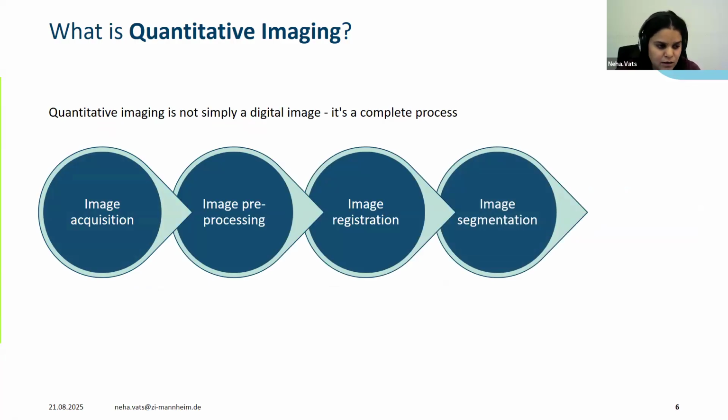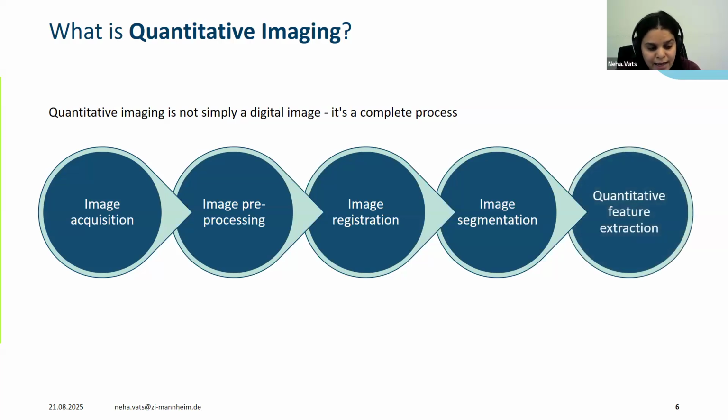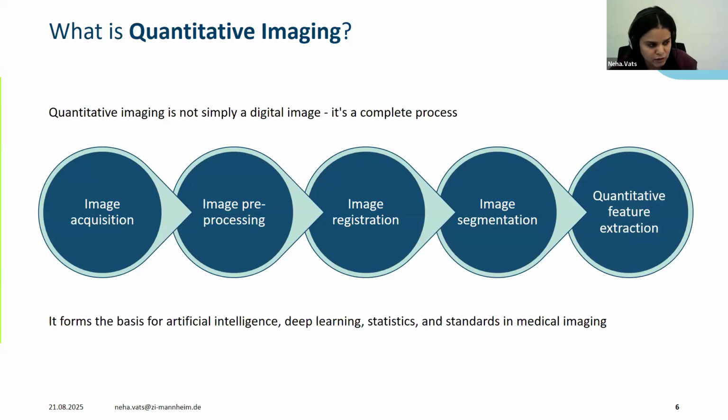That could be any tumor or any cancer or any tissue in that organ of the body. And then you quantify certain parameters from those areas. That is the quantitative feature extraction. And these features will then be fed to an AI algorithm or a machine learning algorithm for further computation or analysis or diagnosis, in deep learning, in statistics, or anything like that.